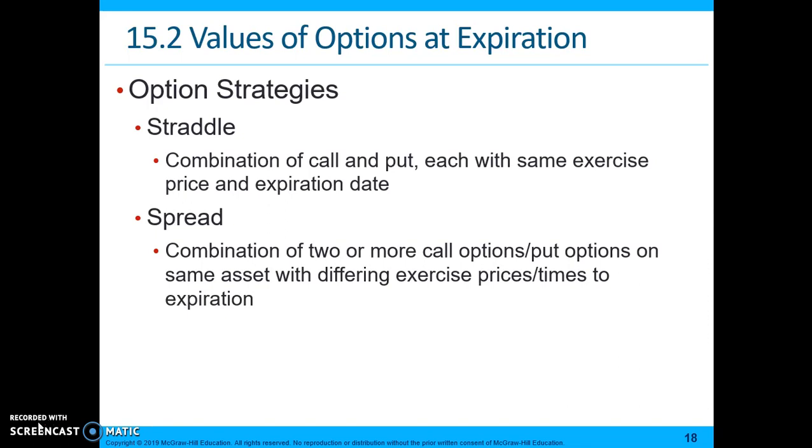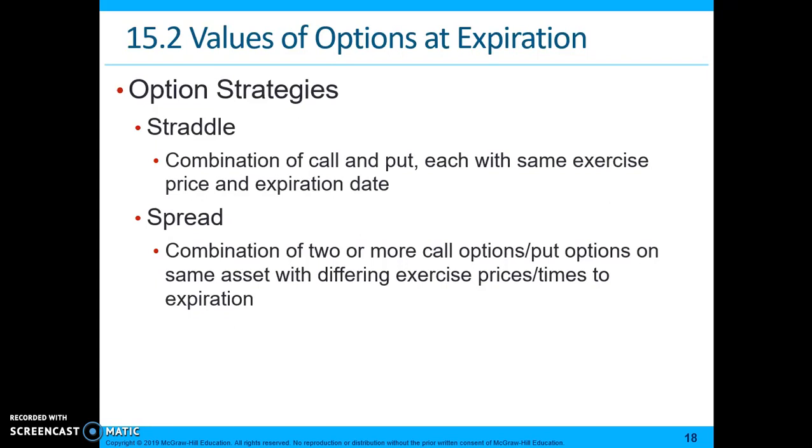A spread is much like a straddle, except the exercise prices are not the same. It's a combination of two or more call options or put options on the same asset with differing exercise prices. So instead of having the exact same strike like you would in a straddle, you're going to have a spread between those strike prices.